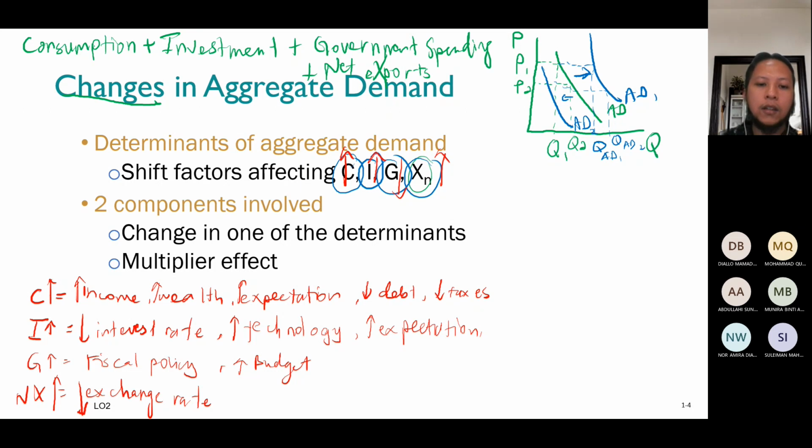Let's say previously, 100 USD is equal to, let's say, RM 350.